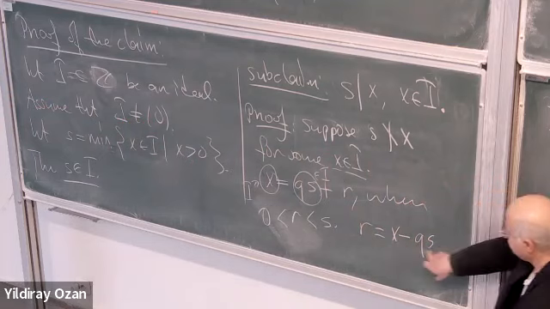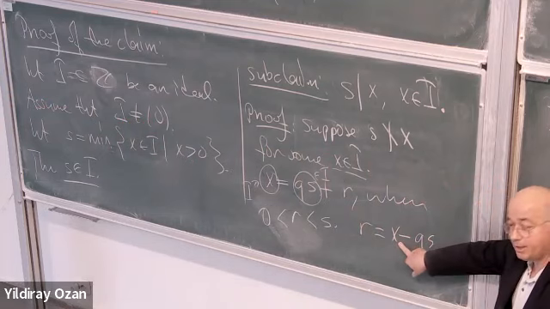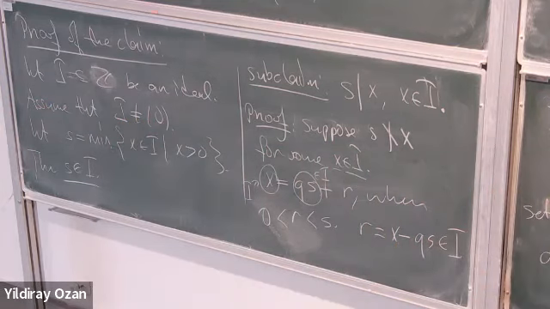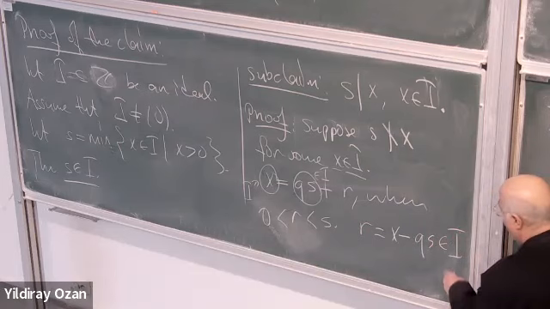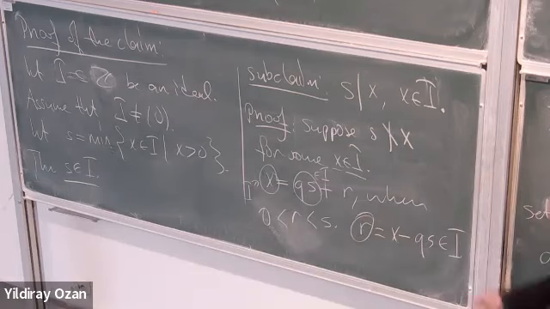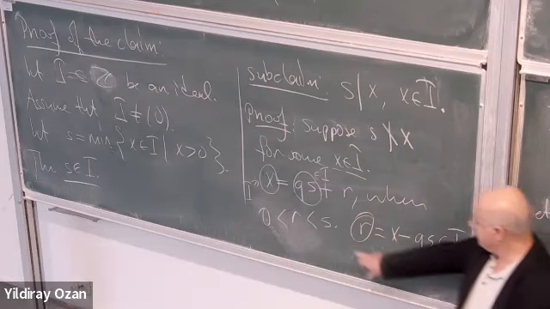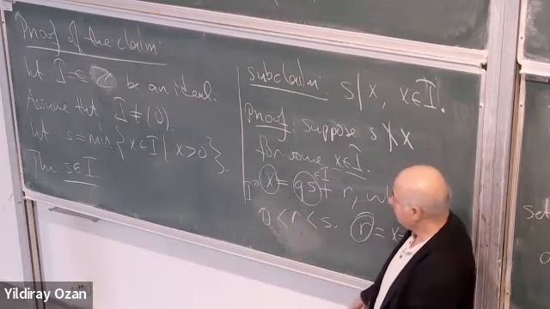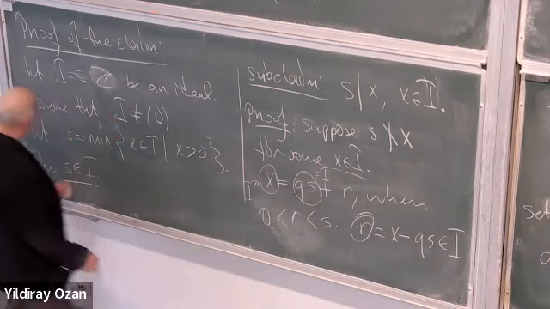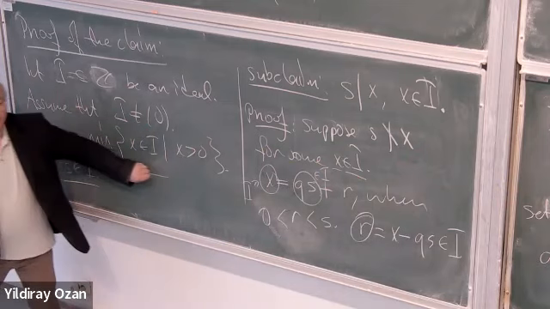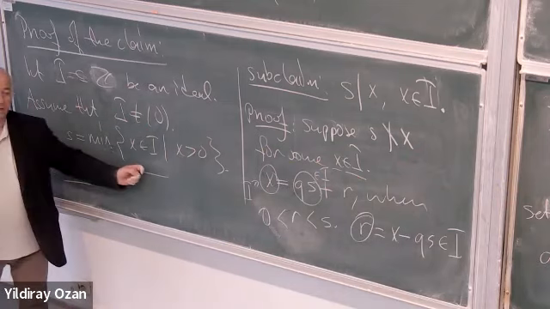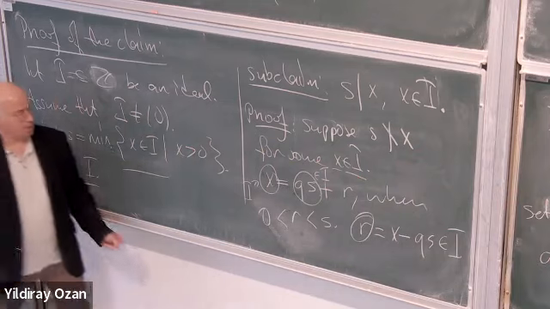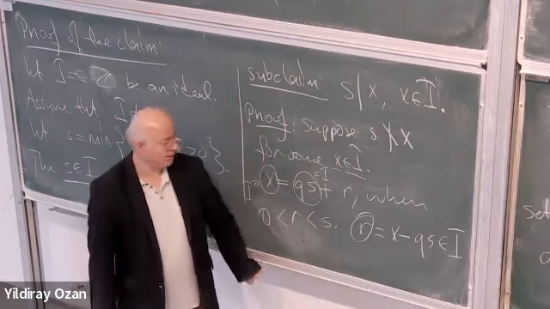This is in I, this is in I. I is an abelian subgroup, it's a subgroup, therefore this is still in I. So what we get is an element in I that is less than S and still positive. But that's a contradiction because S was the smallest element in this set among the positive elements. But here I found something less than that, right?